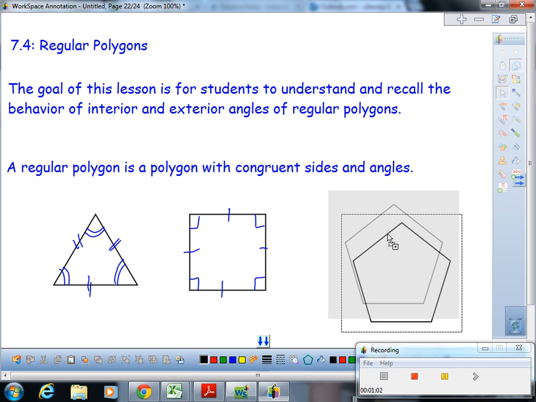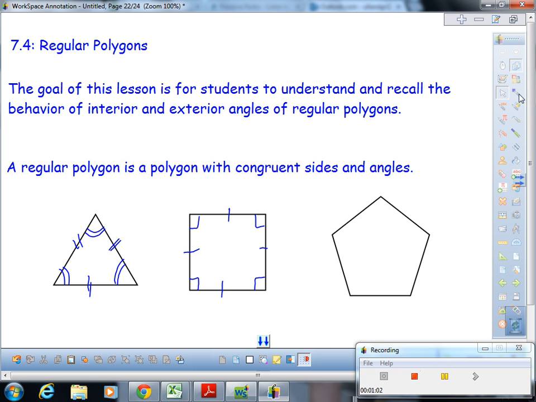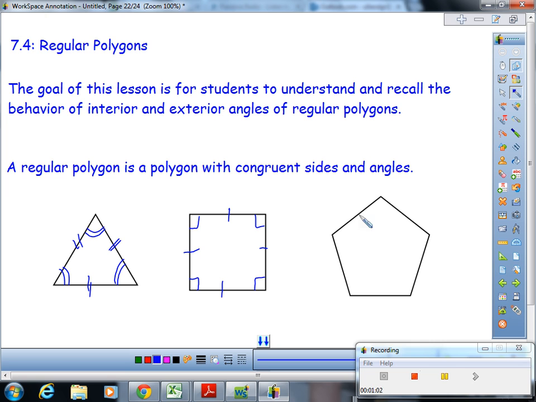What we'll be doing today in our notes very quickly is taking a look at what happens to the interior angles of our regular polygons as the number of sides increases, and what happens to our exterior angles. So what I'll do now is draw just a single exterior angle for each one of these.